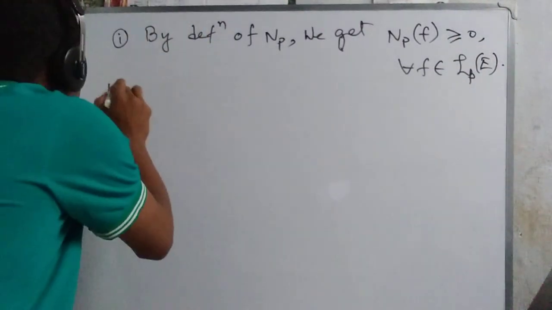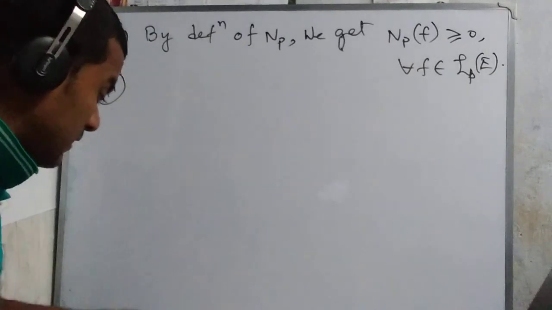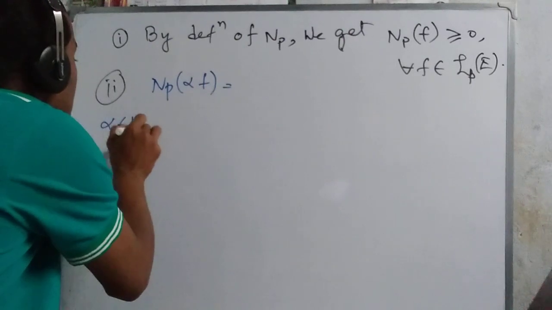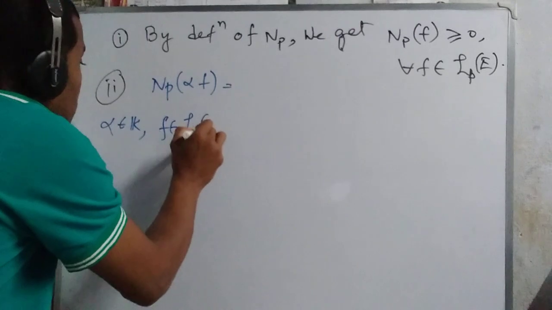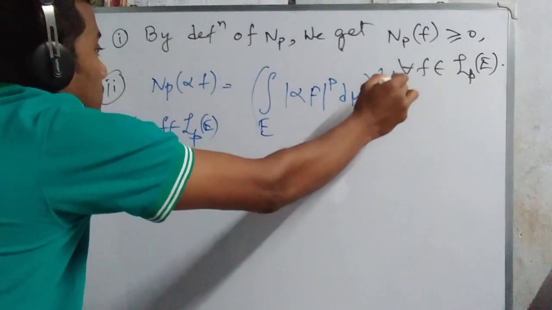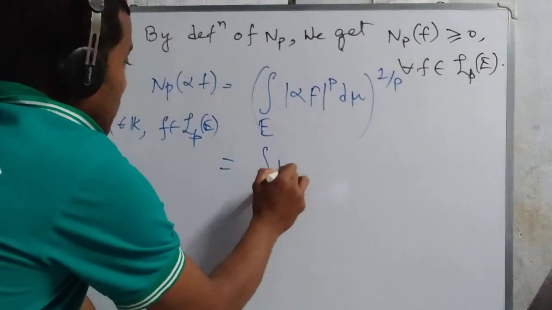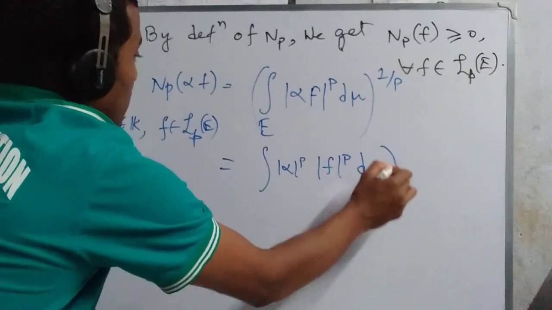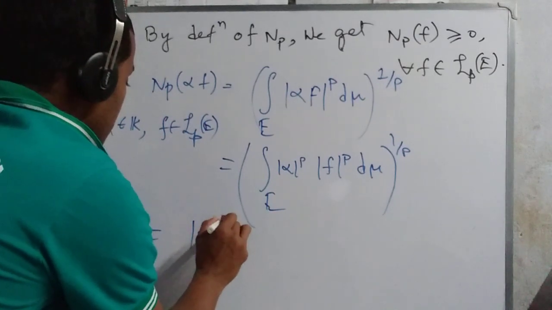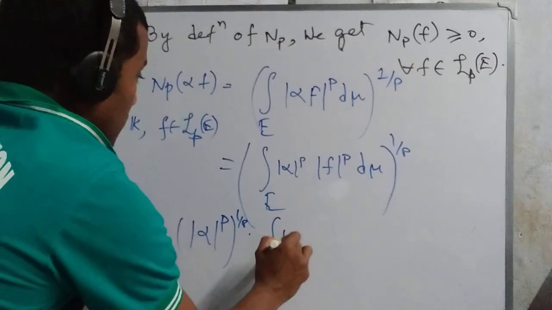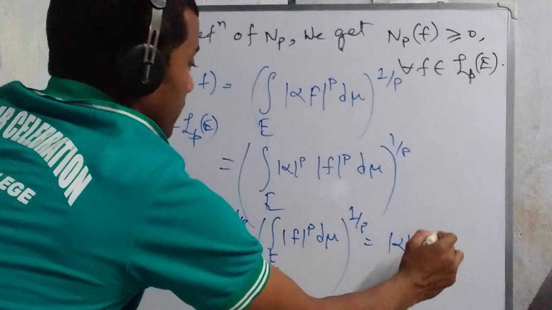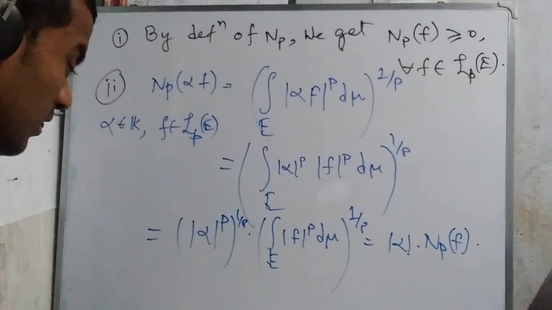The second property: N_p(alpha f), where alpha belongs to K and f belongs to L^p(E), equals the integral of |alpha f| to the power p d mu, whole to the power 1/p, which equals |alpha|^p times the integral of |f|^p d mu, whole to the power 1/p, which equals |alpha| N_p(f).